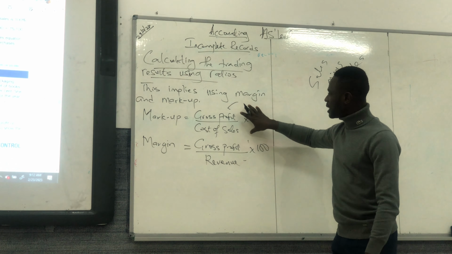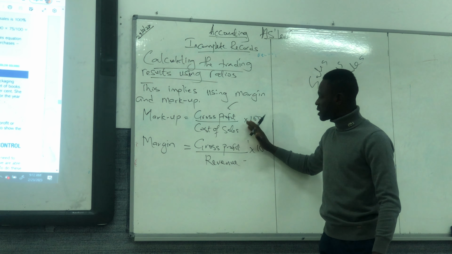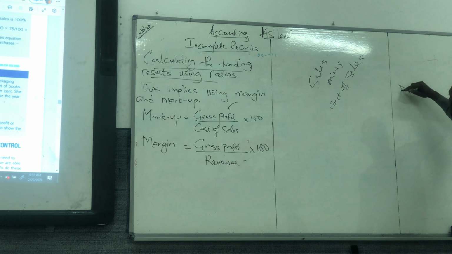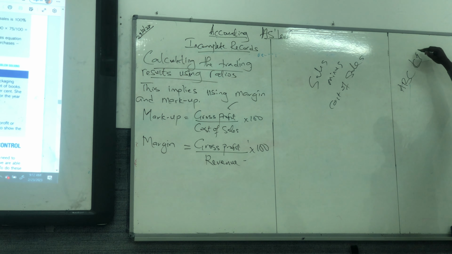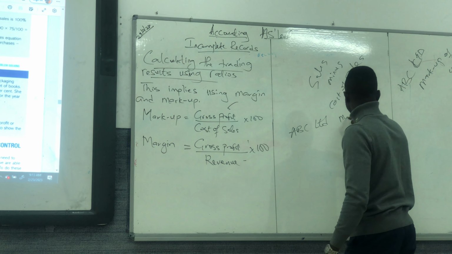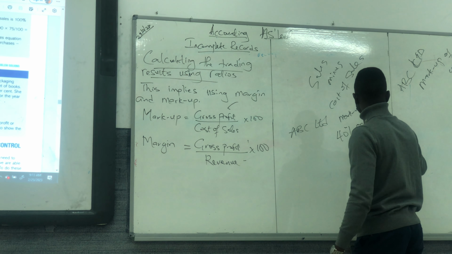So if we have to use markup as a business, we use the formula gross profit divided by the cost of sales, multiplied by 100. Let's assume that ABC Limited is using a markup of 40% on revenue.